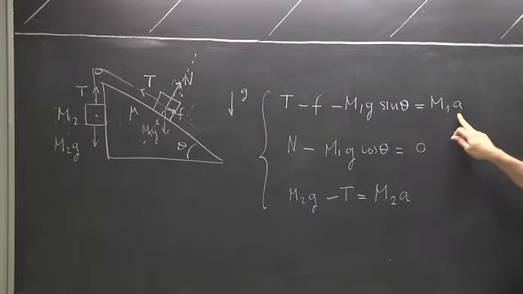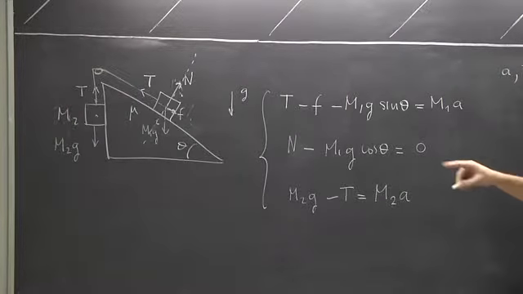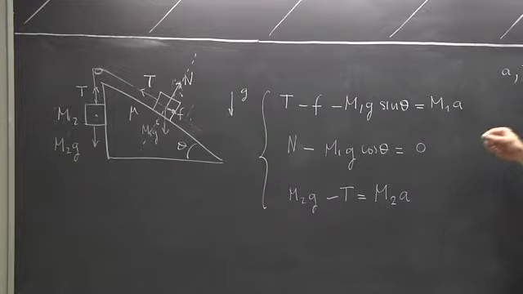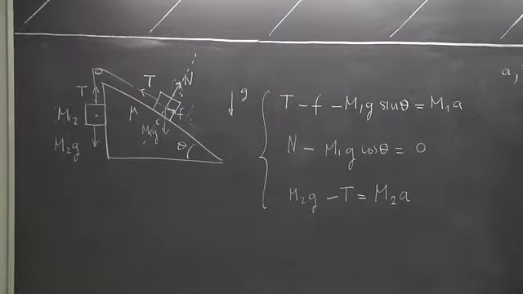So I don't know a, I don't know T, I don't know N, and I don't know F. So I have 4 unknowns, and how many equations? So is that good or bad? It's bad. I need one more equation if I want to solve these things.